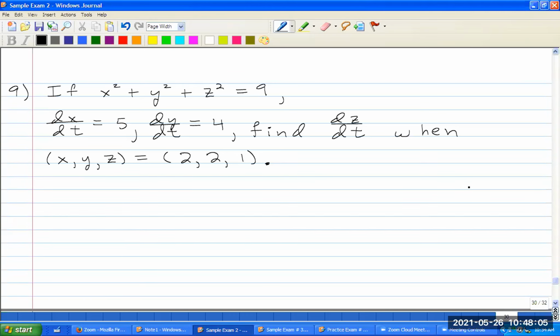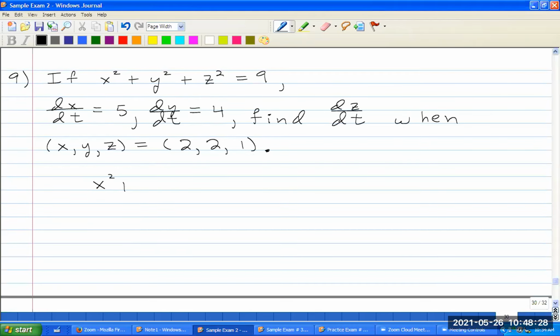Problem number 9. If x squared plus y squared plus z squared equals 9, dx/dt equals 5, dy/dt equals 4, find dz/dt where (x, y, z) is (2, 2, 1). Okay, so let's do that. So I have x squared plus y squared plus z squared is equal to 9.